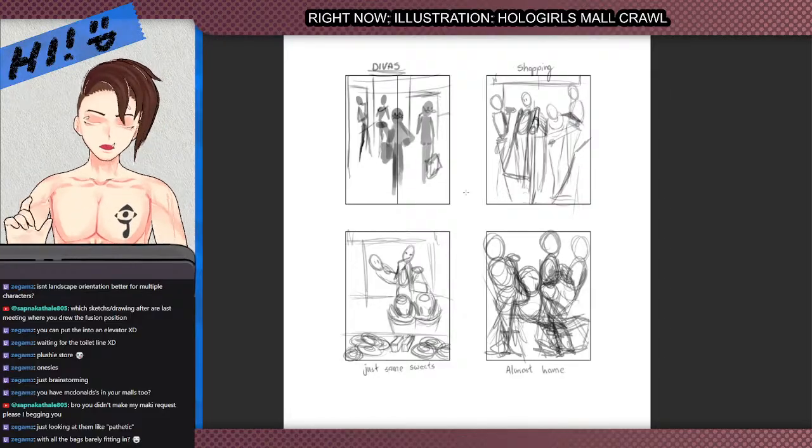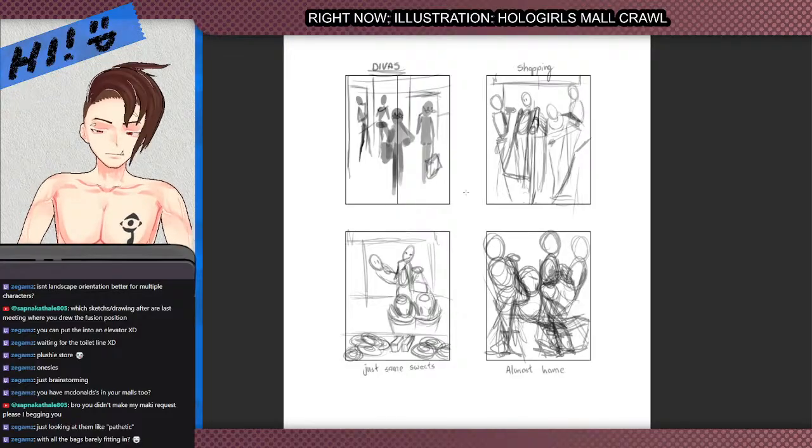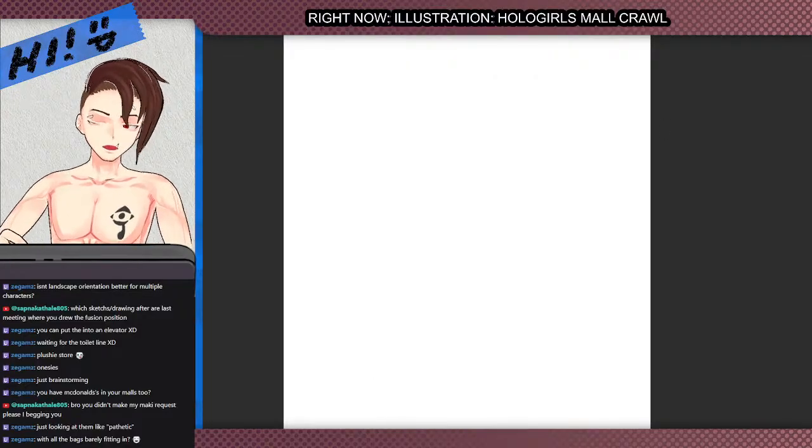The elevator illustration is speaking to me, right? Because it's already after everything.